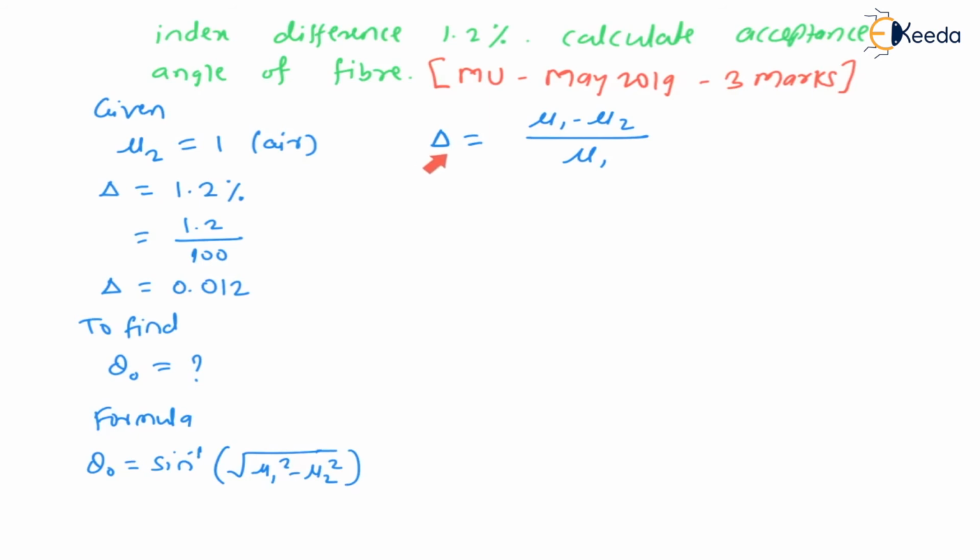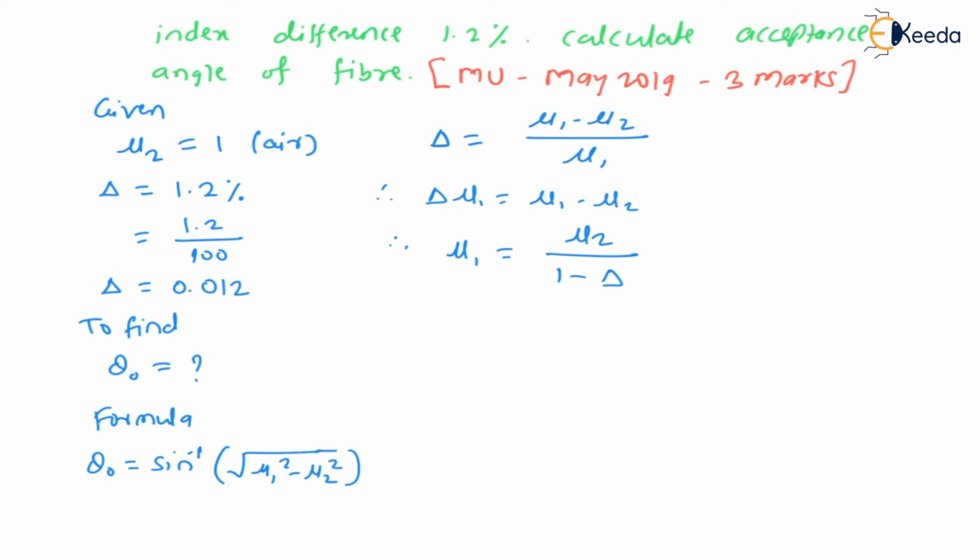And here we know the value of delta as well as the value of mu2, so we can easily find out mu1. I'll rearrange this equation. So this equation will be delta into mu1 is equal to mu1 minus mu2. And then I'll arrange this equation as mu1 is equal to mu2 divided by 1 minus delta, mu2 upon 1 minus delta.